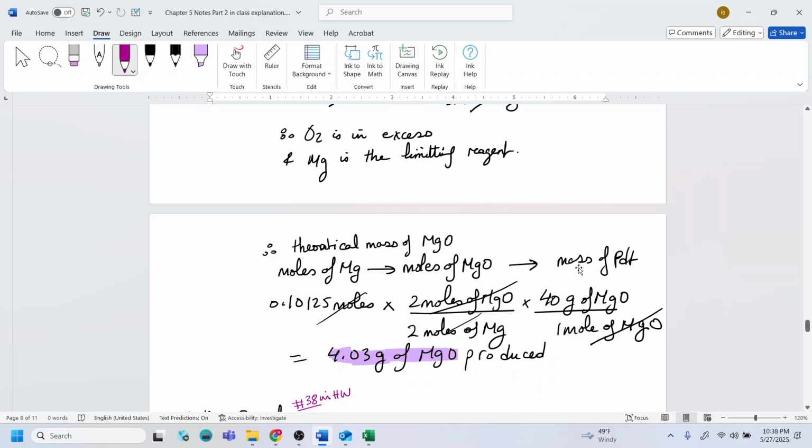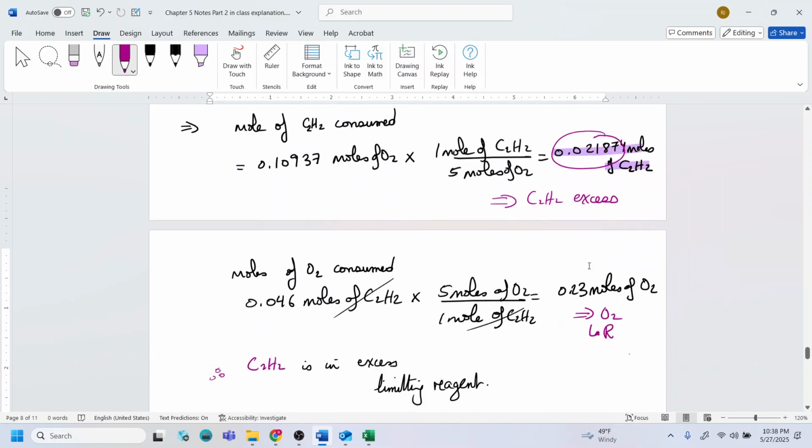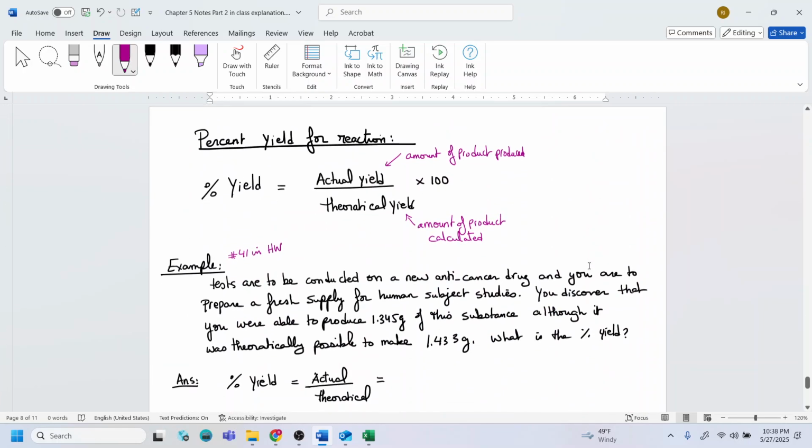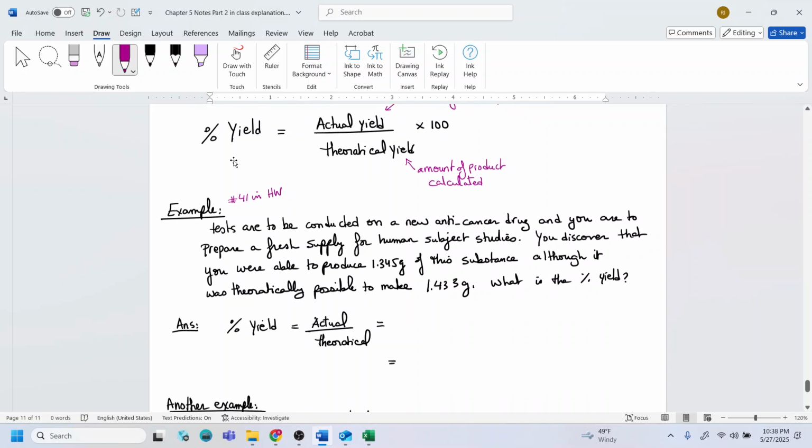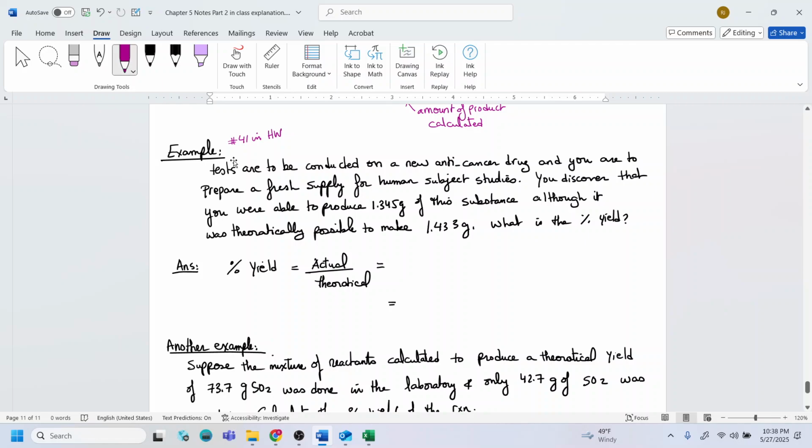So any mass that you get in the product for the product, that is called the theoretical mass or the theoretical yield. So by knowing the actual yield, you divide it by the theoretical yield, you multiply by 100 and you get the percent yield. Let's have an example on this one.